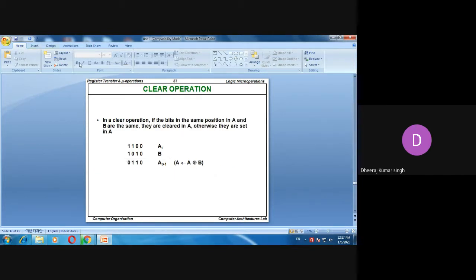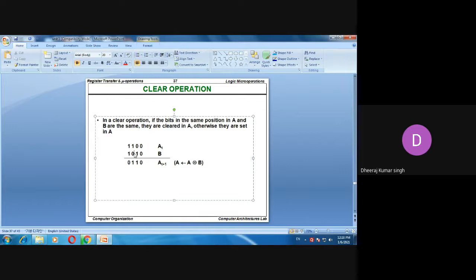Next is the clear operation. In a clear operation, if the bits in the same position in A and B are the same, they are cleared in A, otherwise they are set in A. We are saying here that if the same position bit in A and B is the same, then in that situation it will become clear, so it will be set to 0. This B bit is 0, so automatically the A bit will become 0.